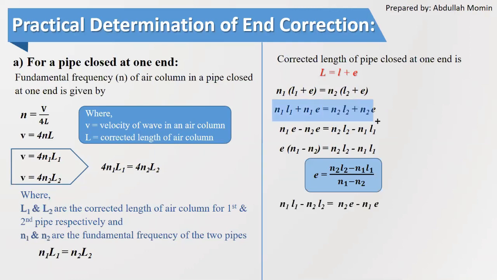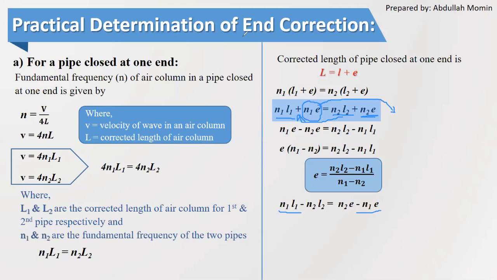So by using this equation, we are going to take plus N2 L2 to the other side of the equation. So N1 L1 can be written as it is, plus N2 L2 becomes minus N2 L2, and this term plus N1E, when it goes to the other side of the equal sign, can be written with a minus sign. So minus N1E and N2E can be written as it is.